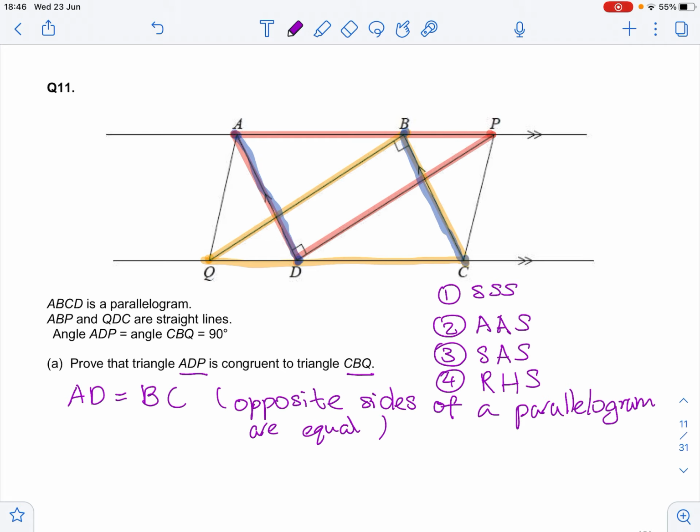Okay, let's look at what other information we have. We have angle PAD, so we have this angle here. Just have a look, this is our parallelogram, and we have this angle here, which is PAD.